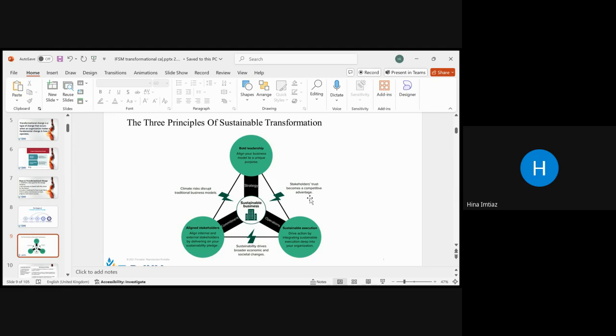focus. Your focus must be the sustainability. So for that, being a leader, you have to align your organization to a unique purpose. You have to reunite, you have to gather all your team on a certain purpose.